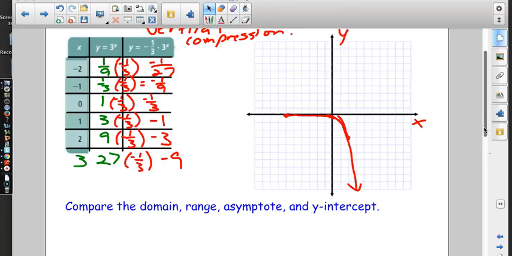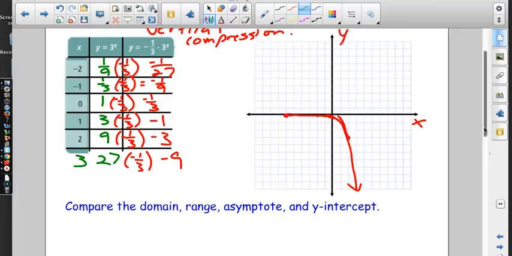So I'm going to switch colors. You guys should grab either a colored pencil out of the bag, or if you have a different colored pen or something else. And I'm going to go back and graph it without the negative 1/3. So we can see what happens with the domain and range if you throw that negative 1/3 in front.